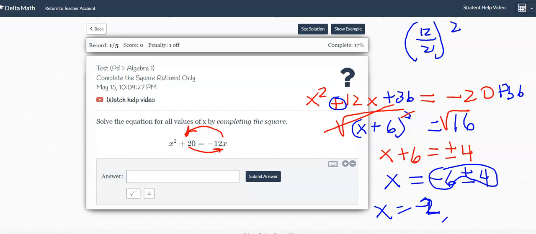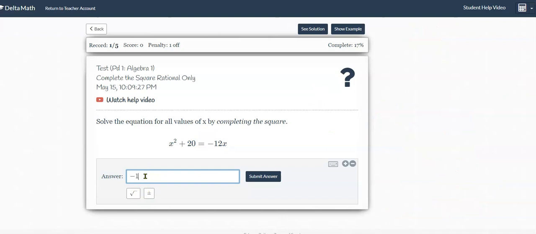Sorry, that's sloppy. And then my other answer, negative 6 minus 4, which is negative 10. All right, so there are my 2 answers, negative 2 and negative 10. Negative 2, comma, and then negative 10. Oh, I wrote negative 10 first. That's okay. It doesn't matter what order it's in.